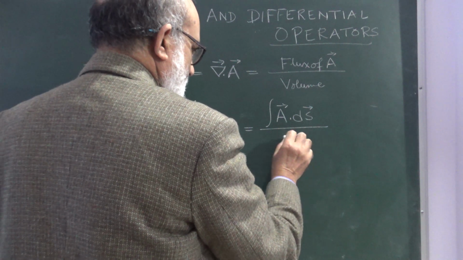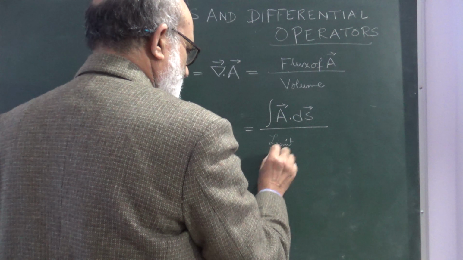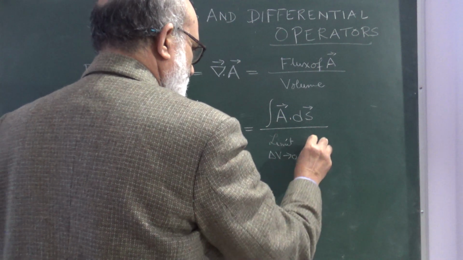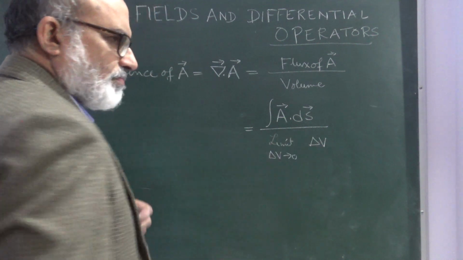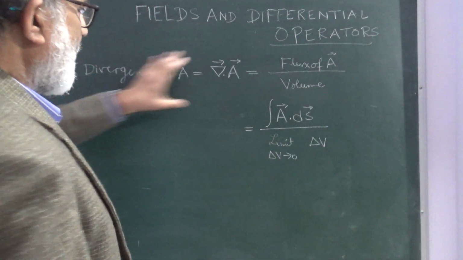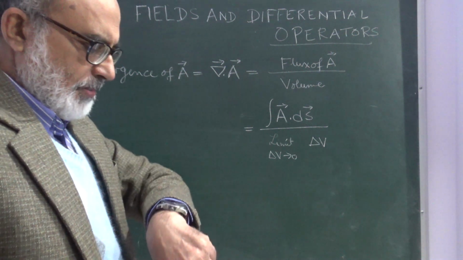So you write the limit delta V tends to 0, where the volume is very small. This is the actual meaning of the divergence.